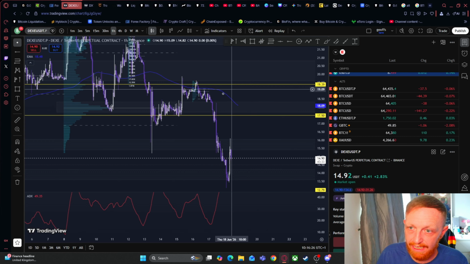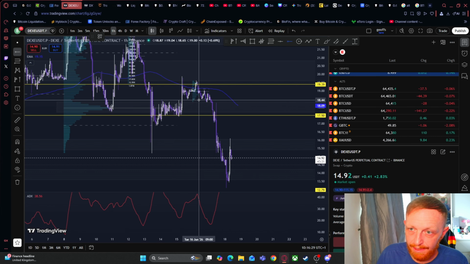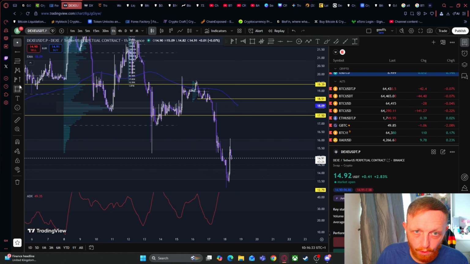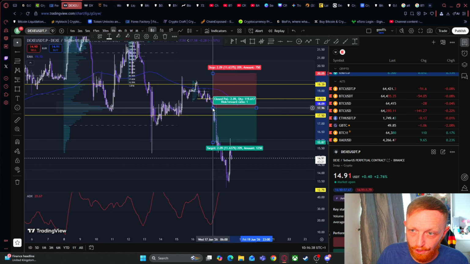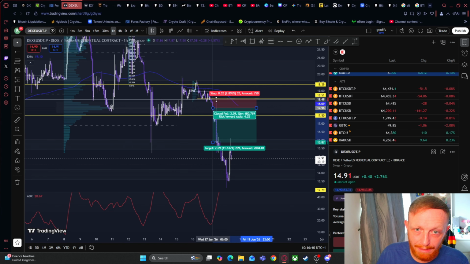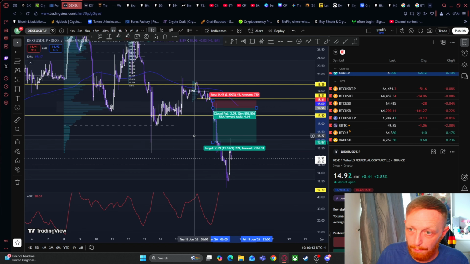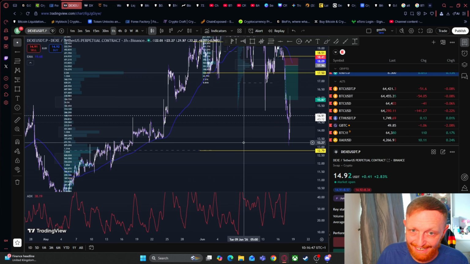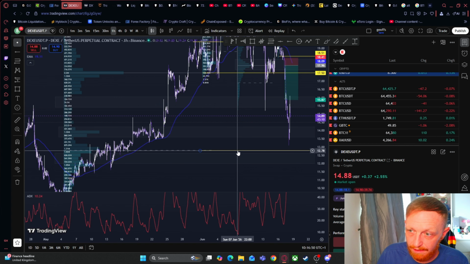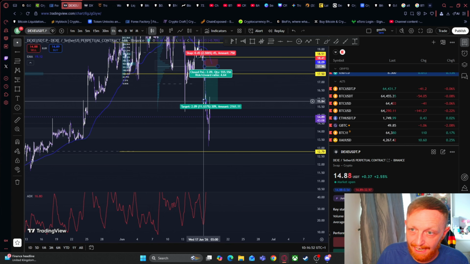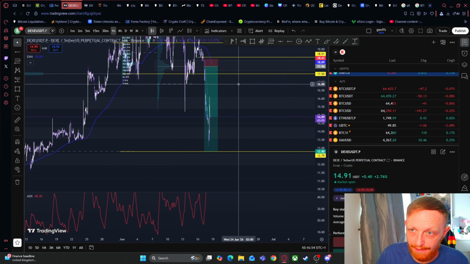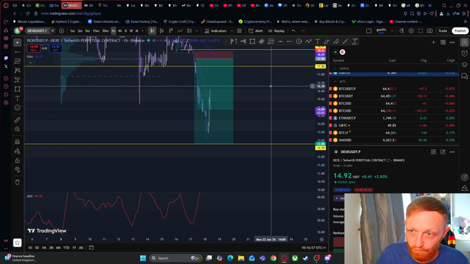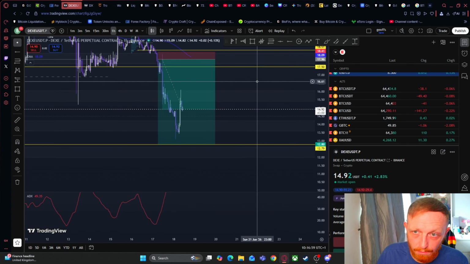If we reclaim that value area low, my trade is invalidated. But I'm going to be going short at the point of control. And my stop's going to be above the volume bump. And then I'm going to be aiming for the main target, which is down in here. That would be the main target. And the risk to reward is unbelievable.